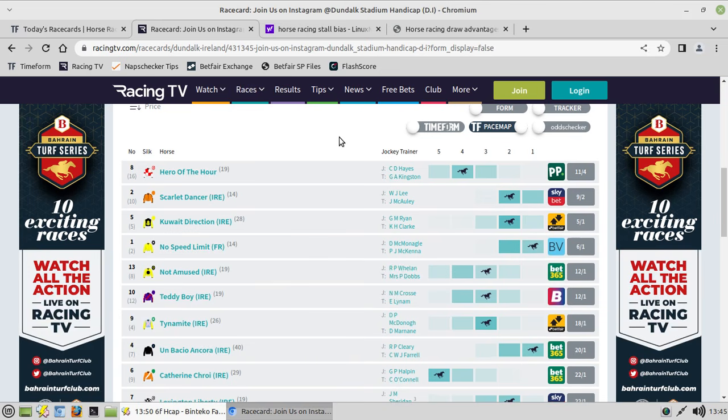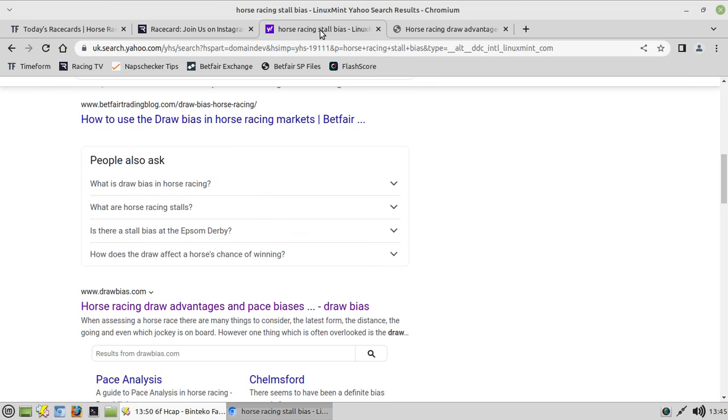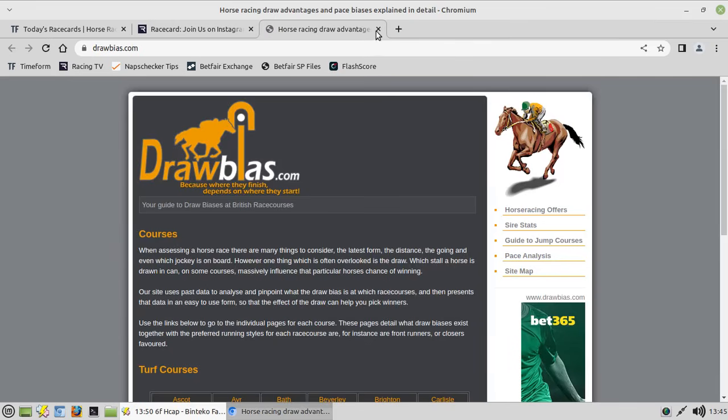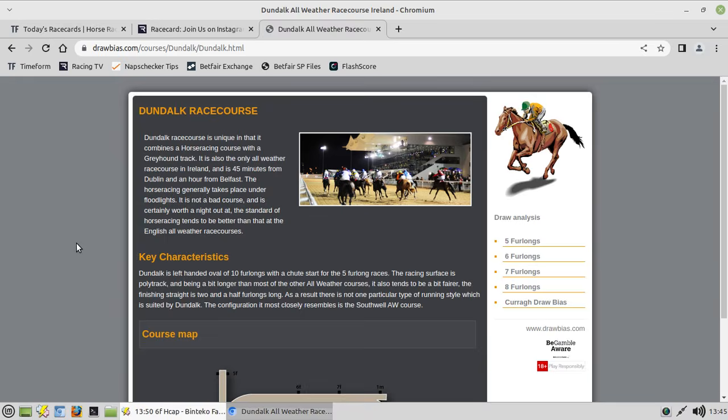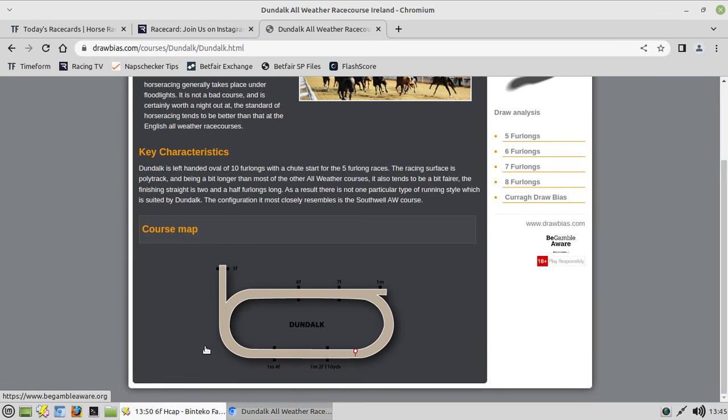However, keep in mind that this is an all-weather track, and you can go to this website here, Draw Bias, and you'll see if we click on Dundalk All Weather, there's the track. It's a left-hand track, so there's a 6 furlong start, so it's very close to the bend, so there's going to be a mad dash to grab the bend.